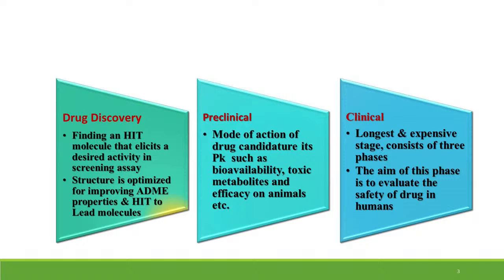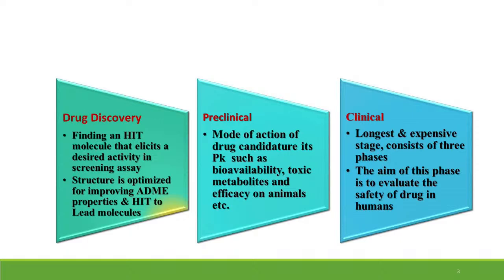Further, this lead molecule will be optimized to form a drug molecule. So this is the longest process, where the hit molecule is identified and optimized to form a lead molecule, and further converted to a drug molecule. That is the first step, the drug discovery process.